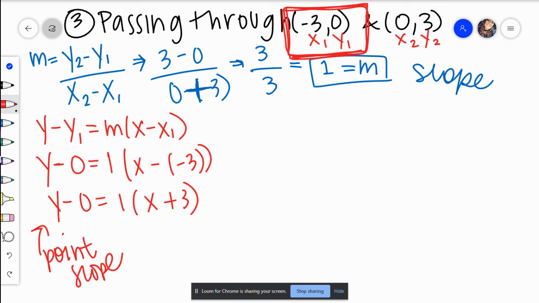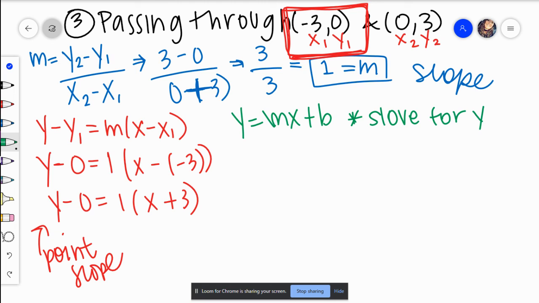Okay, but I'm actually going to go further like we have in the previous problems. I need to know what the equation of the line is, also known as slope intercept form, which means I need to solve for my y. So what I do is I'm going to kind of simplify this a little bit, y'all.